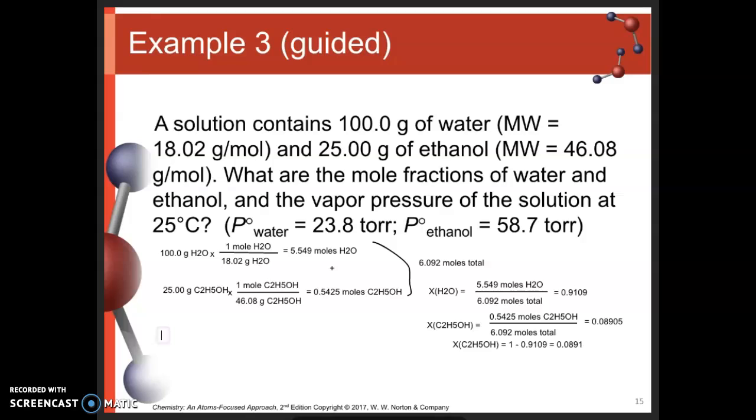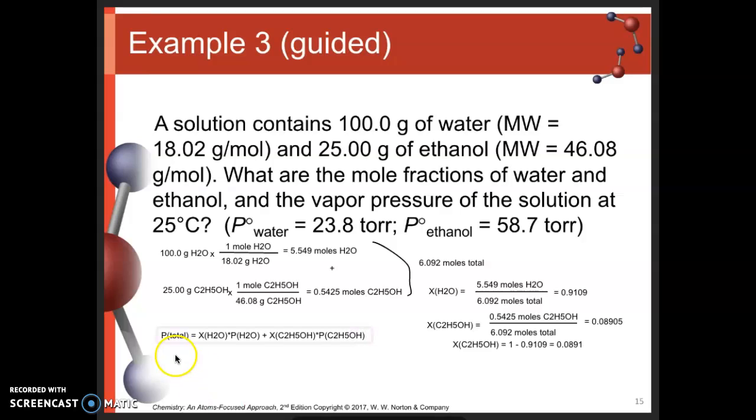Getting to the problem at hand, the total pressure is going to be equal to the mole fraction of water multiplied by the pressure of water, plus the mole fraction of ethanol times the pressure of ethanol.